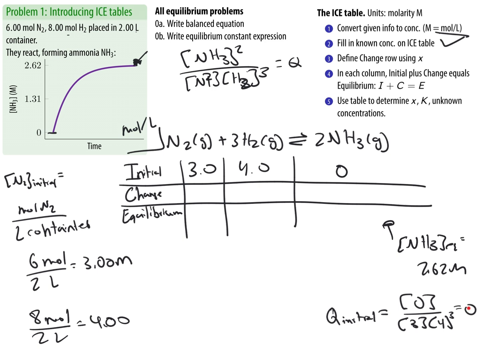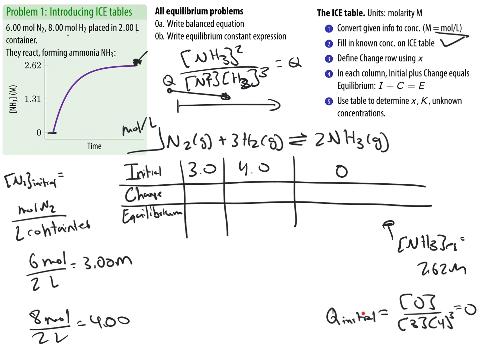So we started with Q equal to 0, and if we think back to our number line, if Q starts at 0, we're going to have to run this reaction to the right, forming products. That's what we observed here. We formed a certain amount of products, and the reaction did proceed to the right.